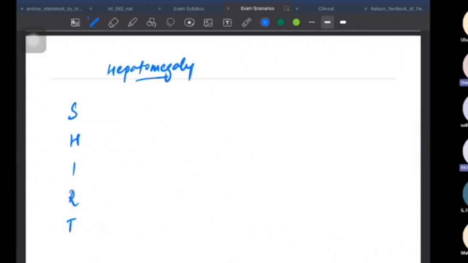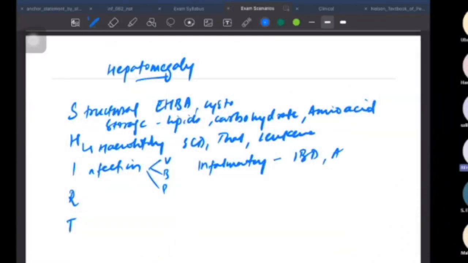This is just a small mnemonic. You can go through Mark and Beatty's book as well. It is better to group the causes and give your list based on that: autoimmune, hepatitis, and then R is reticuloendothelial cell, which is Hodgkin's and non-Hodgkin's lymphoma, and the T stands for tumor, which can be hamartoma.